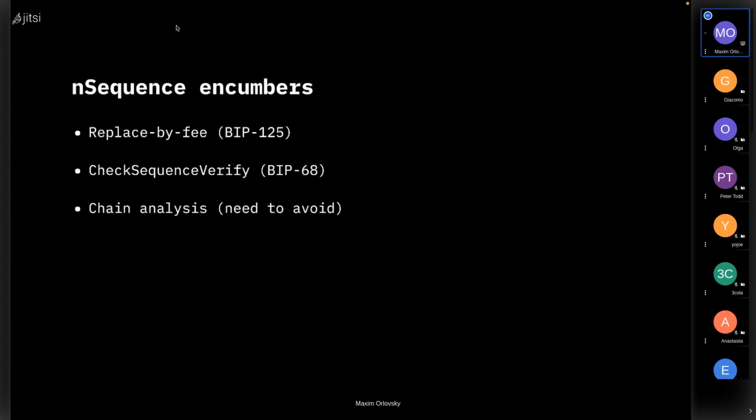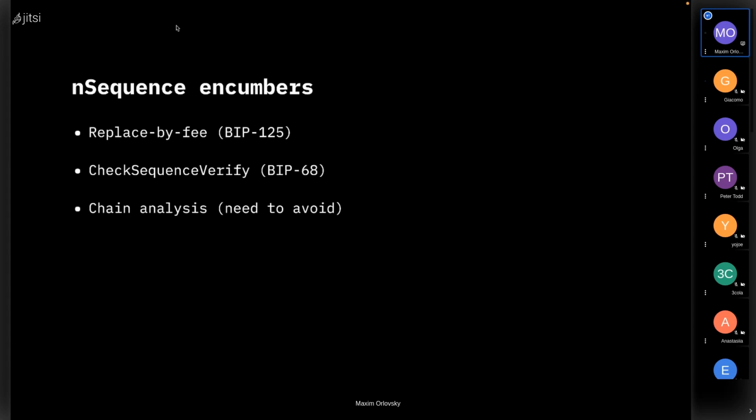And this is defined by BIP 68. There is another BIP related to... Which should be also Peter, right? It was not CheckSequenceVerify. CheckLockTimeVerify is what I'm responsible for, not CheckSequenceVerify. Yeah.